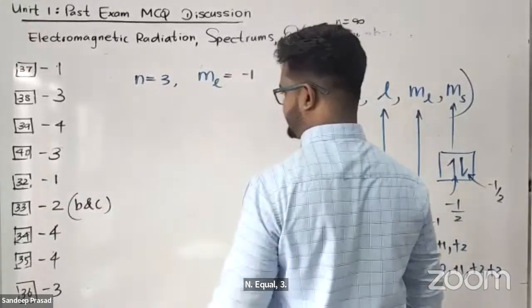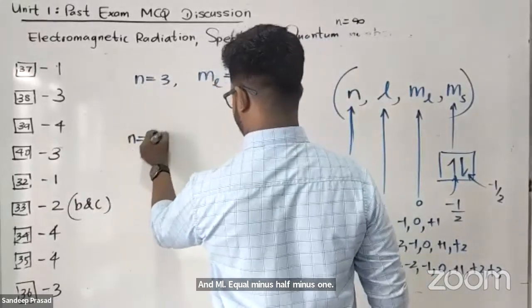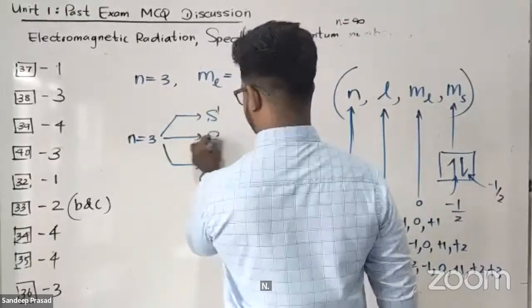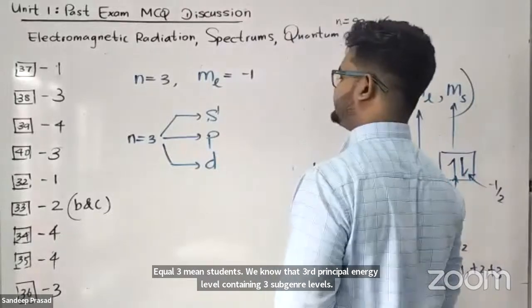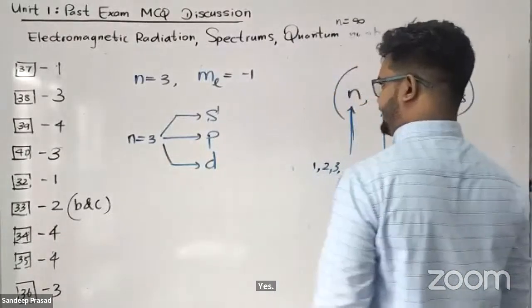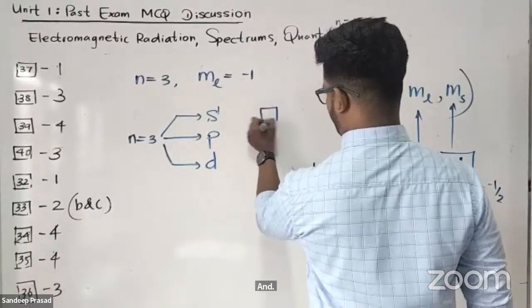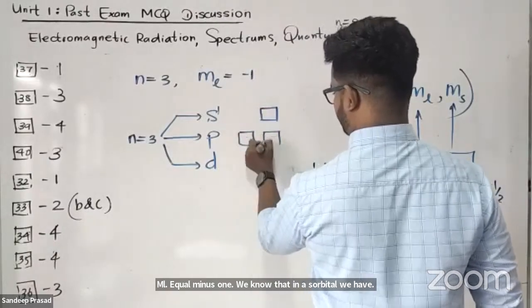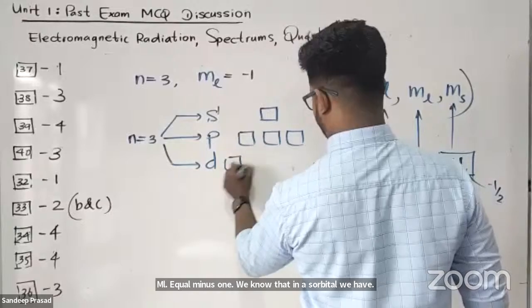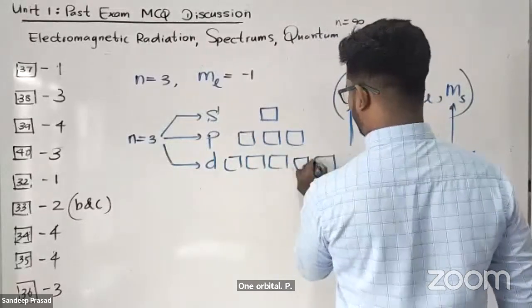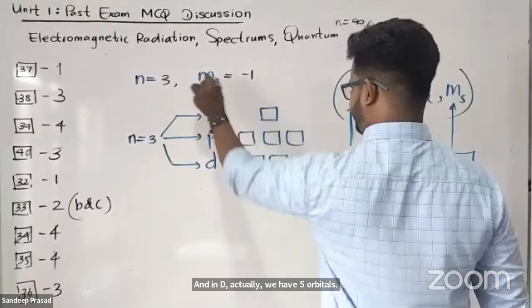n equal 3 means, students, we know that the third principal energy level contains 3 sub-energy levels, s, p, and d. And ml equal minus 1. We know that in s we have 1 orbital, in p 3 orbitals, and in d we have 5 orbitals. How can we assign the magnetic quantum numbers? ml means magnetic.